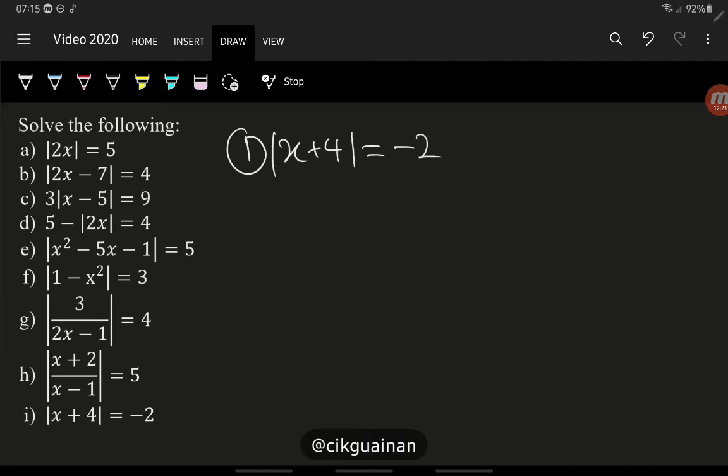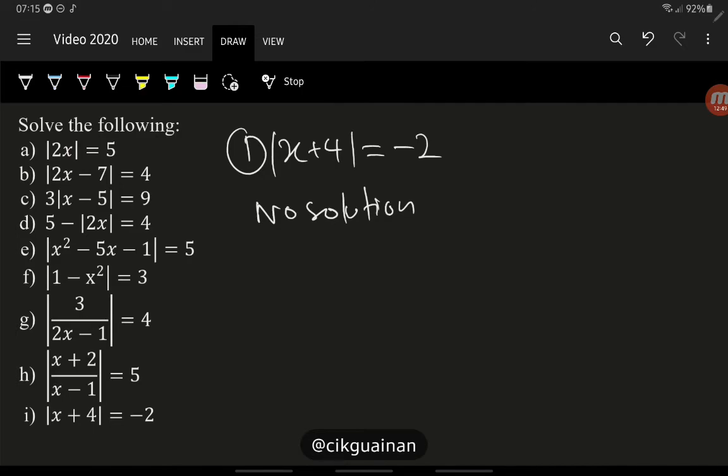Okay, straight away if we look at this, there is no solution. Okay, why? Because the concept of modulus is that it's a distance. So whatever value that we have here, it must result in a positive number. As you can see here, what we get is equals minus 2, which is a negative number.